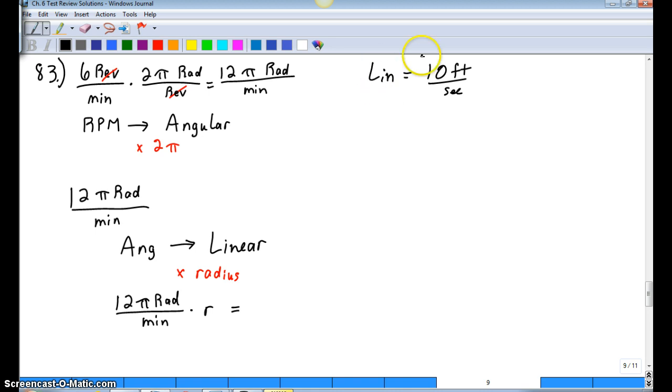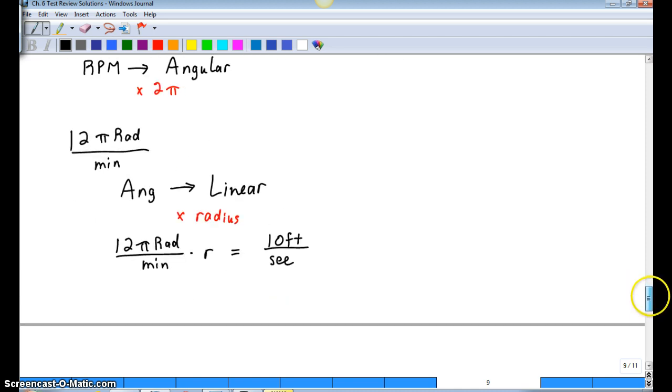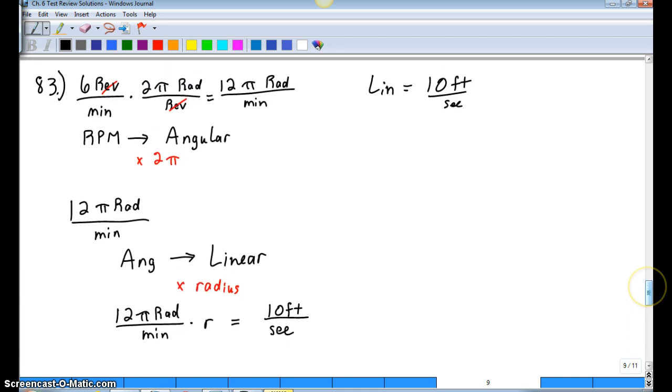Well, we already know the linear velocity. They give that to us in 10 feet per second. So a couple things we need to work out here. We need to get from radians to feet and minutes to seconds.